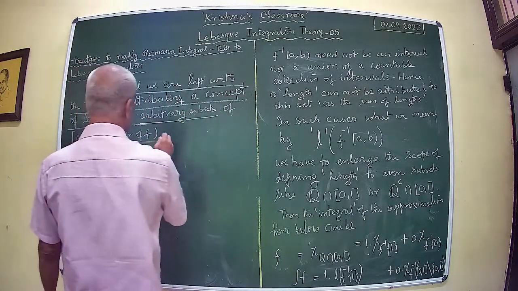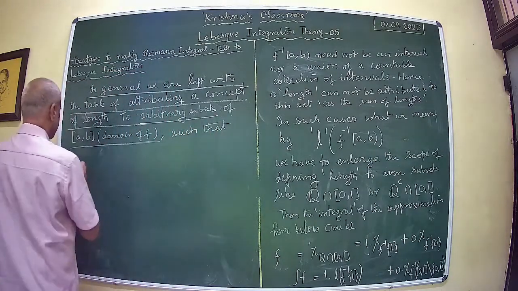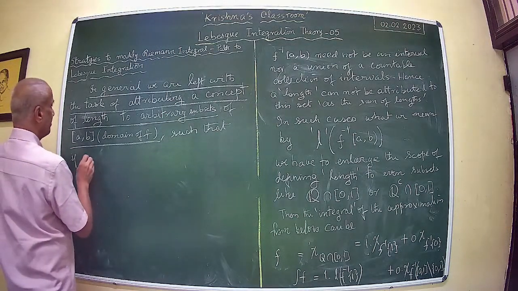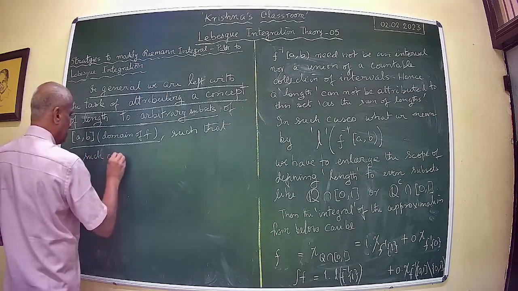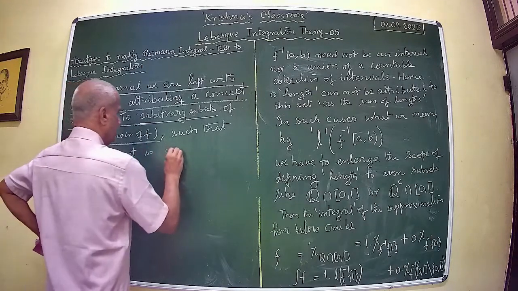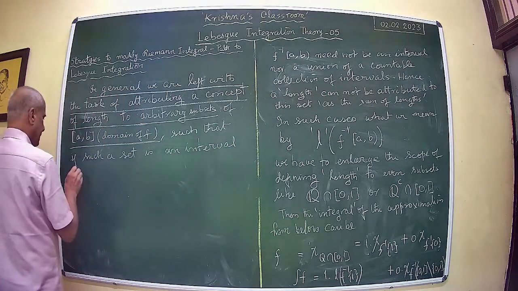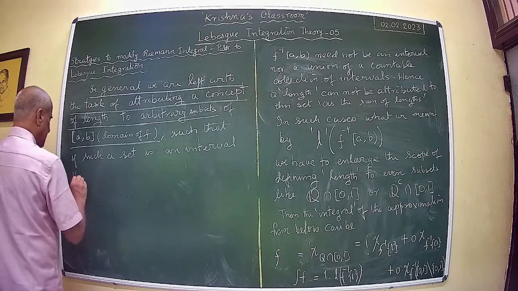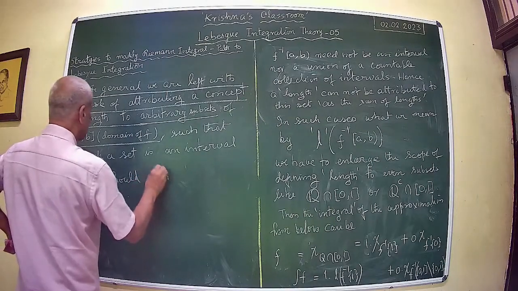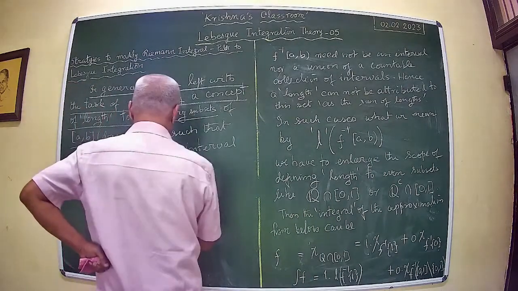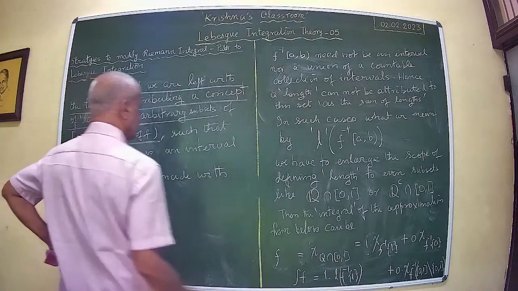Okay. And such that if such an arbitrary set is an interval, say something like an interval, then it should coincide with the length, say CD.